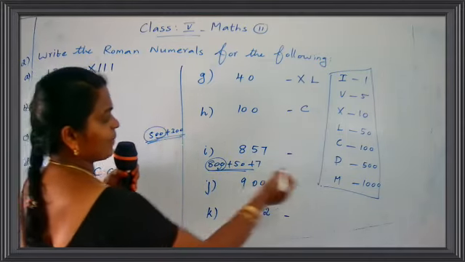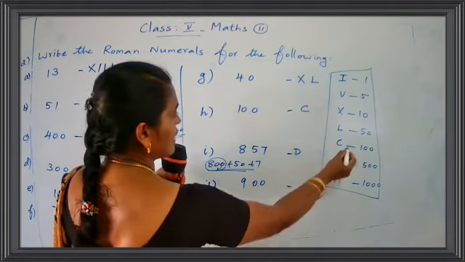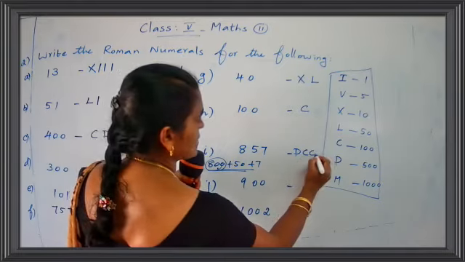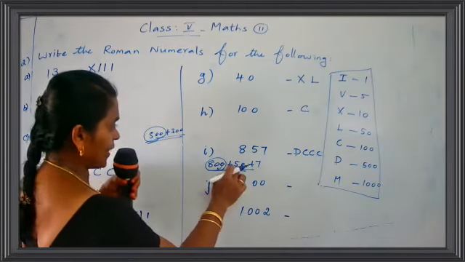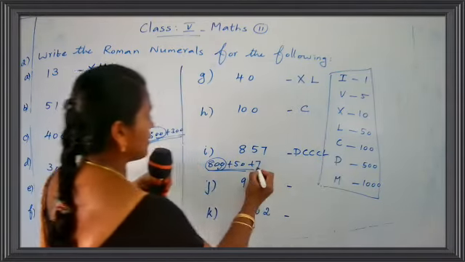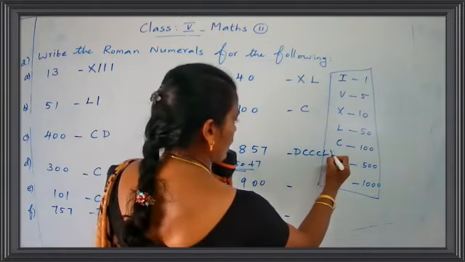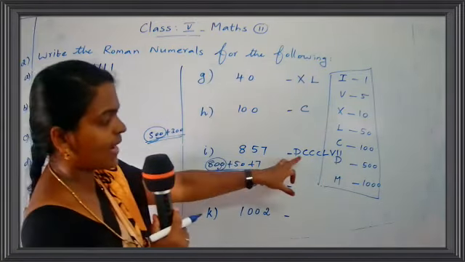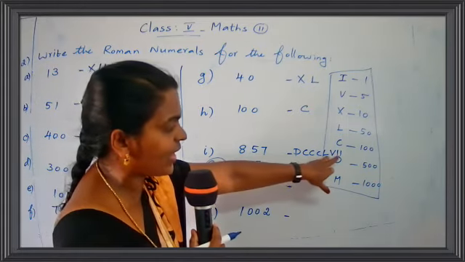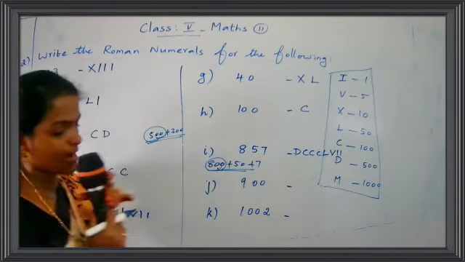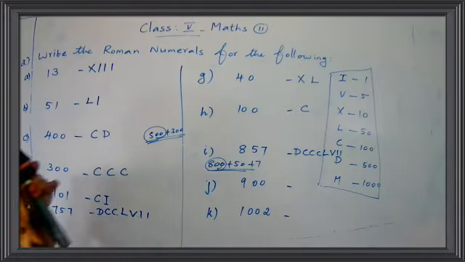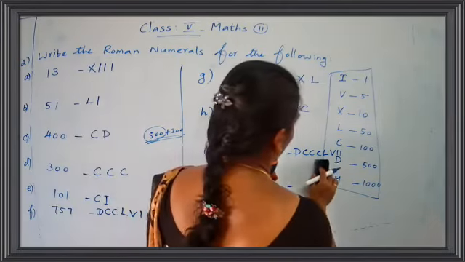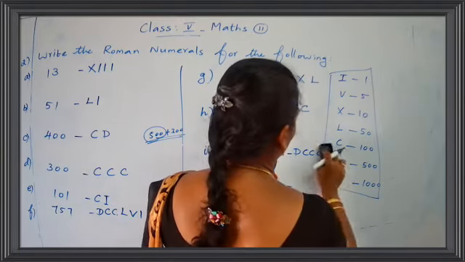Here 500 means D, 300 is 3 times C, so CCC. Next 50, so L. Then 7: 5 is V and 2 is II. Okay. So DCCCLVII stands for 857. Okay. Next 900. So 900. How will you write 900?